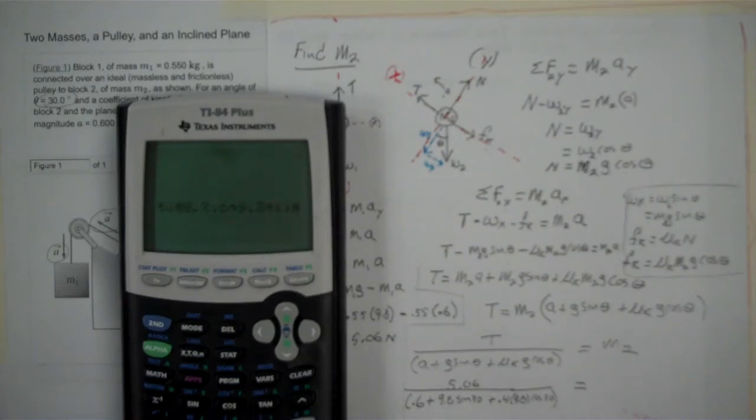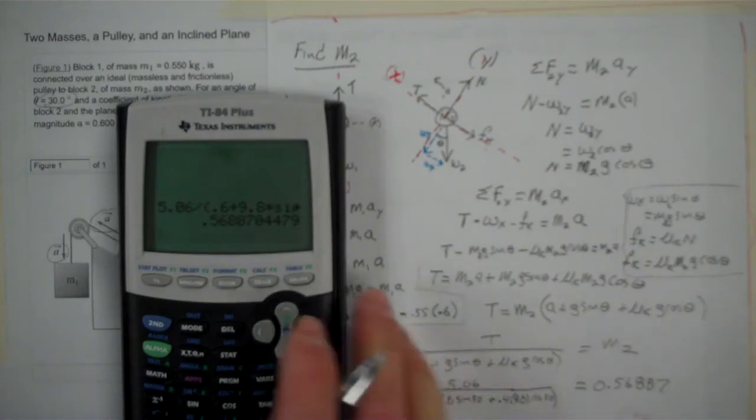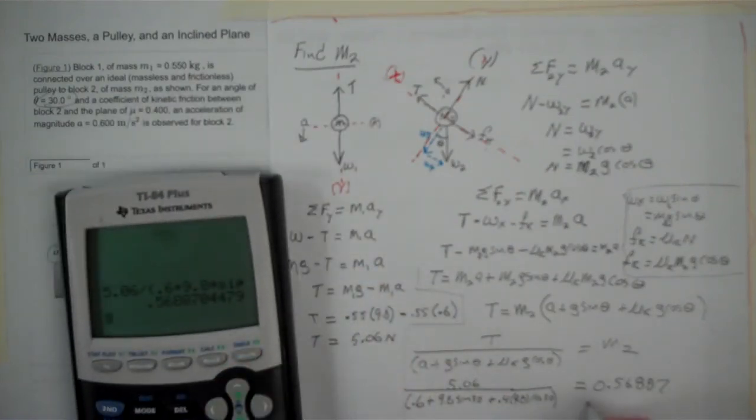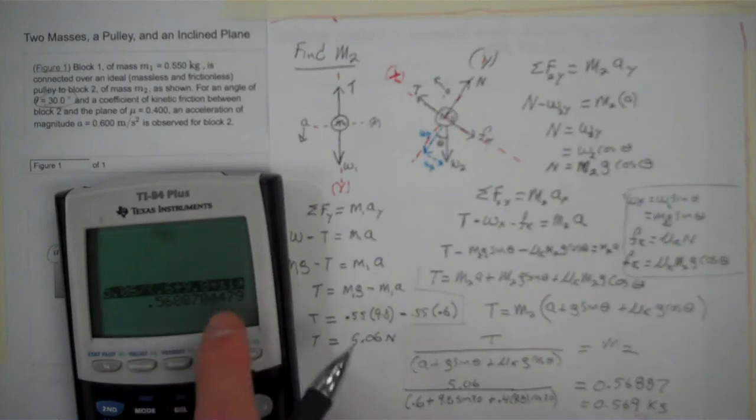Let's see if I did it right. Boom. So it says 0.56887. This has 3 digits throughout, so 0.569 kilograms. As long as I typed that in right and it followed the right rules, I should be good.